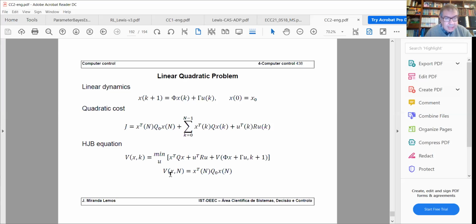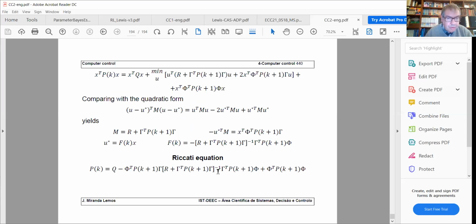Remember that V is X transposed P of n X, so P of n must be Q0. So you start with that terminal condition, and then you go iterating backwards from K plus 1 computing PK. And once you have P for all times K from the end to the beginning, you can compute the gain F from the end to the beginning.